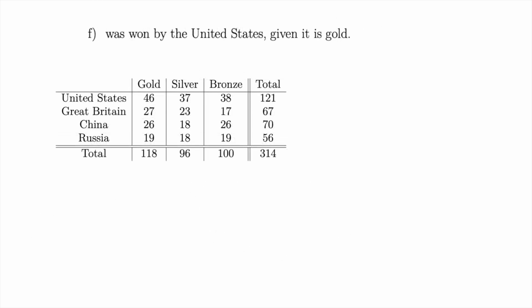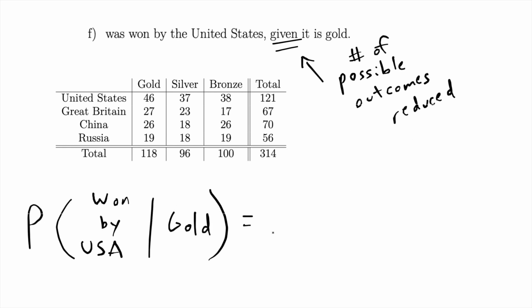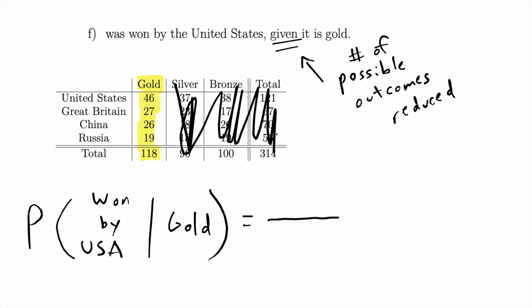So in part F, we are presented with our first conditional probability. We want the probability it was won by the United States given that the medal is gold. Our number of possible outcomes is reduced. We know that the medal was gold. We're now only concerned with this column here. The rest of this is not going to be used for this problem.